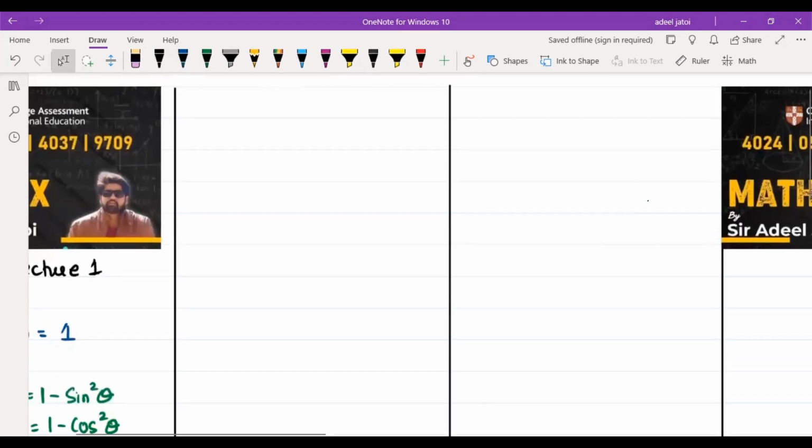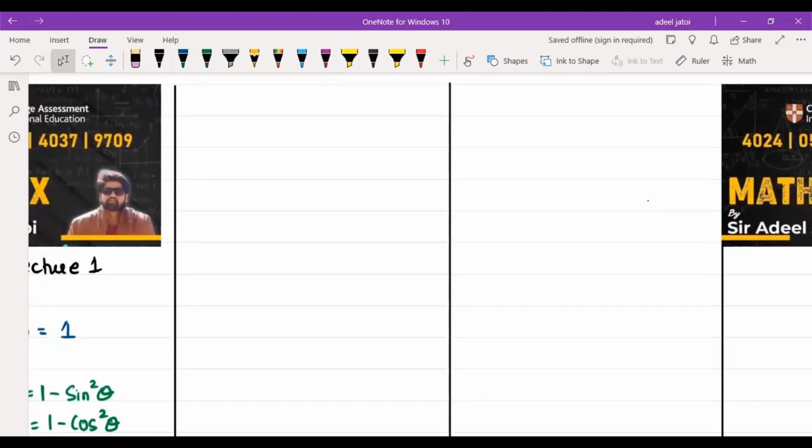Your 1 upon cos theta, the reciprocal of cos theta, is identical to sec theta. Similarly, we have cot theta.